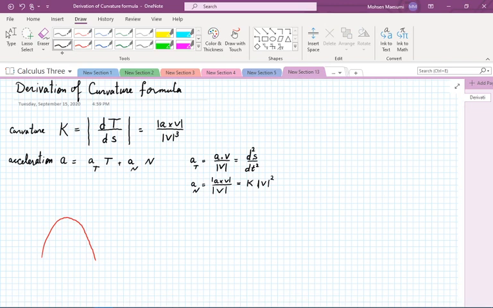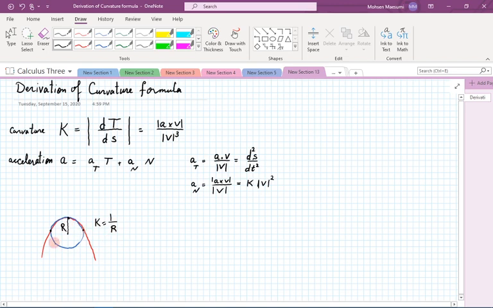A practical thing to do is to choose 3 points and pass a circle through them. Now if we could do this thing for these 3 points becoming very close to each other, then this circle has a radius, and curvature is going to be the reciprocal of this radius.